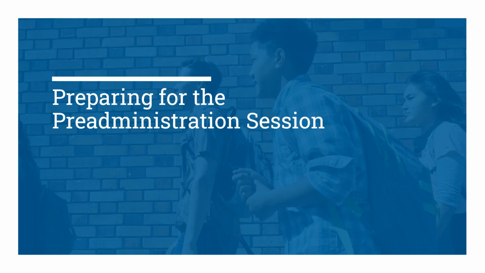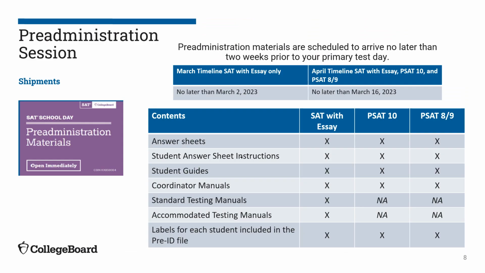And now we'll discuss preparing for the pre-administration session. Your pre-administration materials arrive in their own shipment and are scheduled to arrive no later than 2 weeks prior to your primary test day. For March 22nd testers, you'll receive your pre-administration materials by March 2nd.